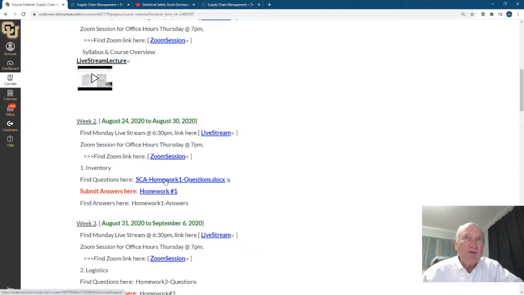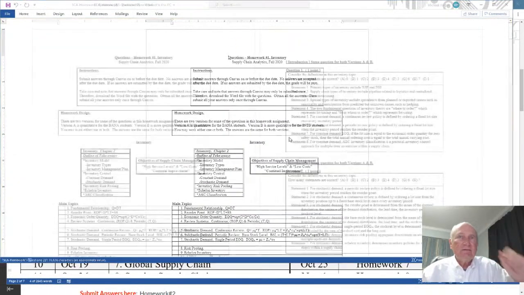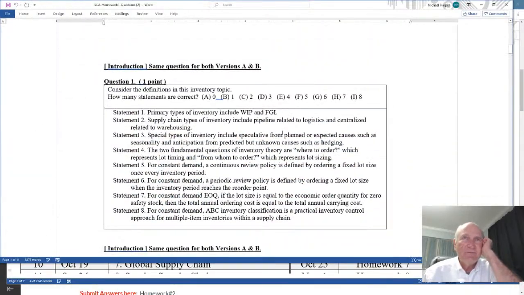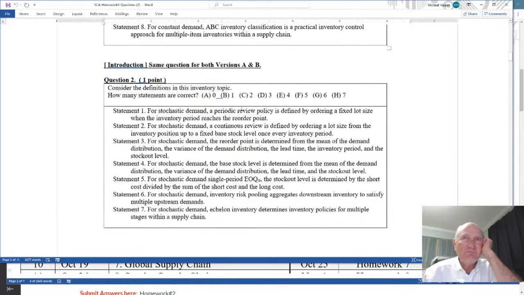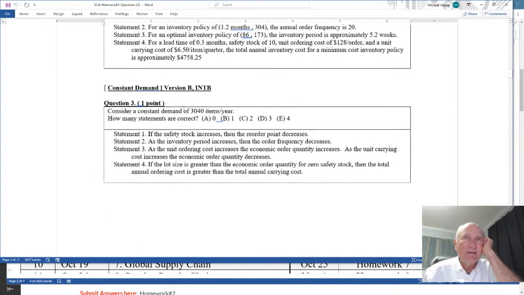I'll be looking at this homework here. If I download this and open this up, this is what I'll be doing Thursday night, going through each of these down here. So you have these statements. Here's my constant demand.